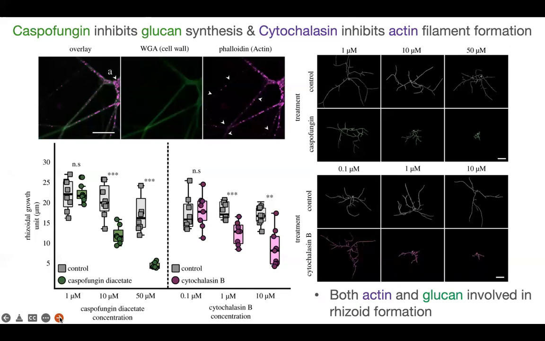So when we poison Rhizoclosmatium globosum with two different poisons, caspofungin, which inhibits glucan synthesis, and cytochalasin, which inhibits actin filament production, we see a completely different rhizoid morphology. So this is the actin poisoning, and this is the glucan poisoning. So again, mechanisms that are considered characteristic of higher fungi were seen in chytrid rhizoids, which is interesting about how chytrids function, and also about how fungi evolved more generally.